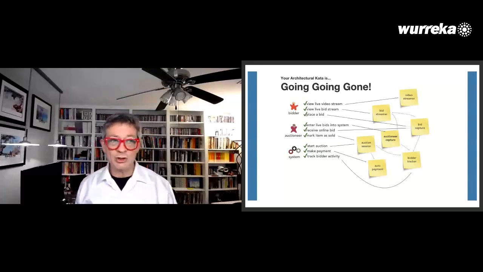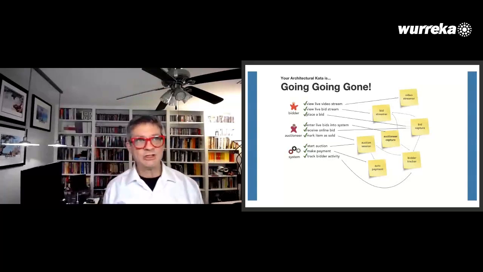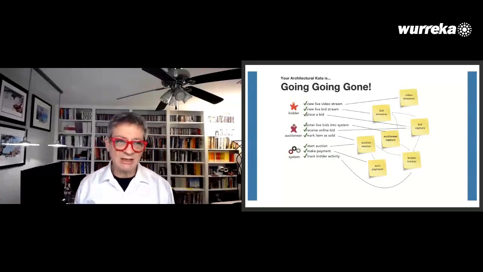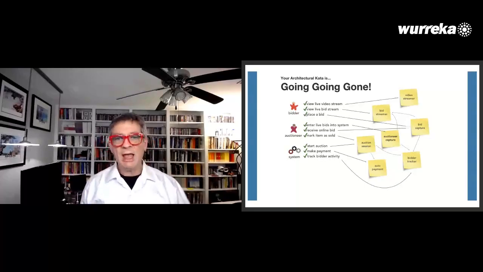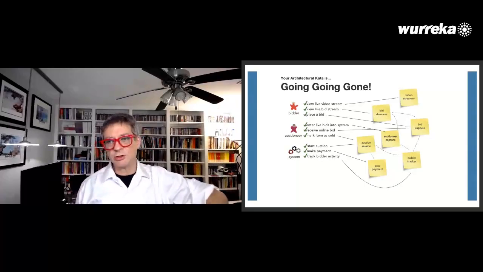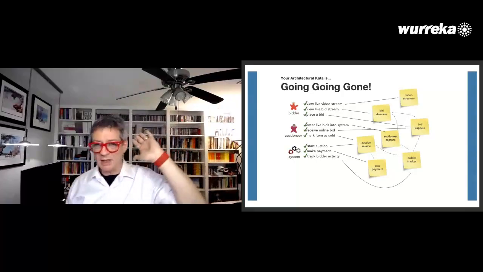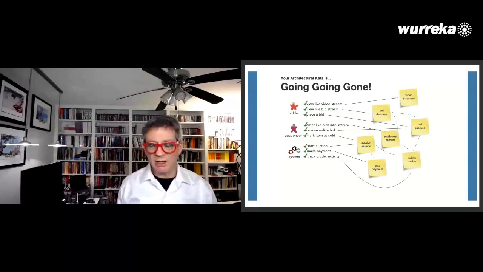That's what I call irrational artifact attachment. If it's something on a whiteboard or a sticky note, you'll tear that thing up without thinking twice and build a new one. And so in the early stages of architecture, don't create really pretty, elaborate kinds of diagrams.